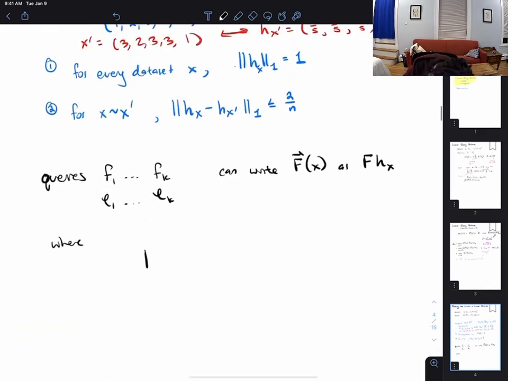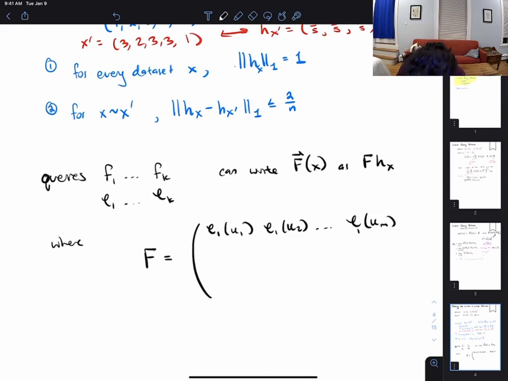F is a matrix, and the way I define it is that each row corresponds to one query. And what I do is I put the evaluation of the query on all the universe items. Okay, and the second row is the second query. And then finally, the kth row is the kth query.